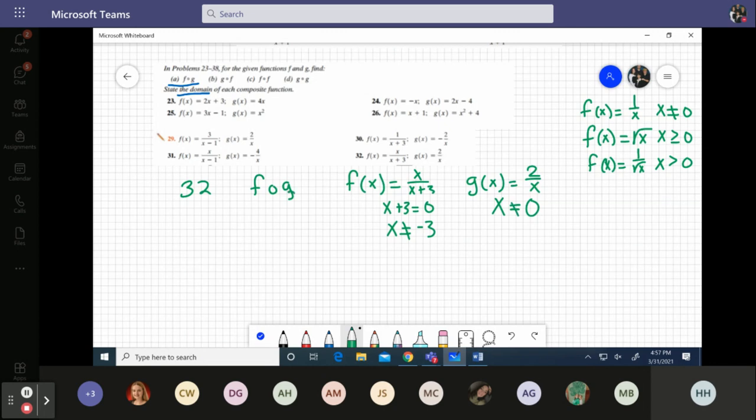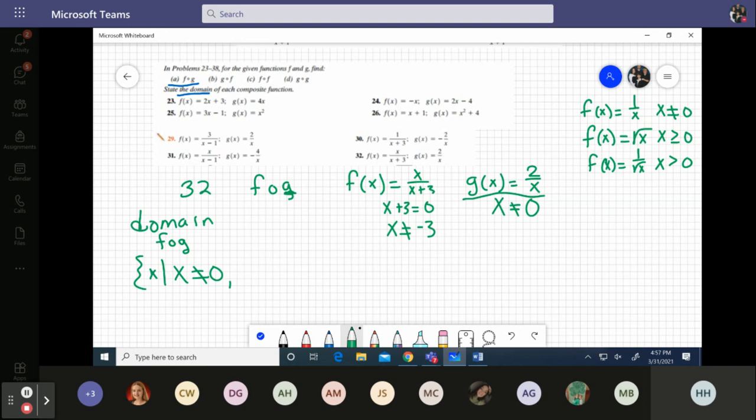Since the g is the inside function for my domain of f of g, I'm going to start with x cannot equal 0. Whatever restriction you have for your inside function, that's going to be part of your answer.